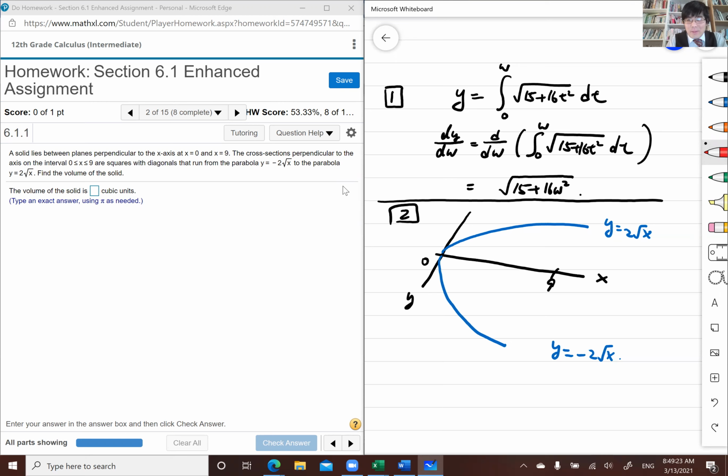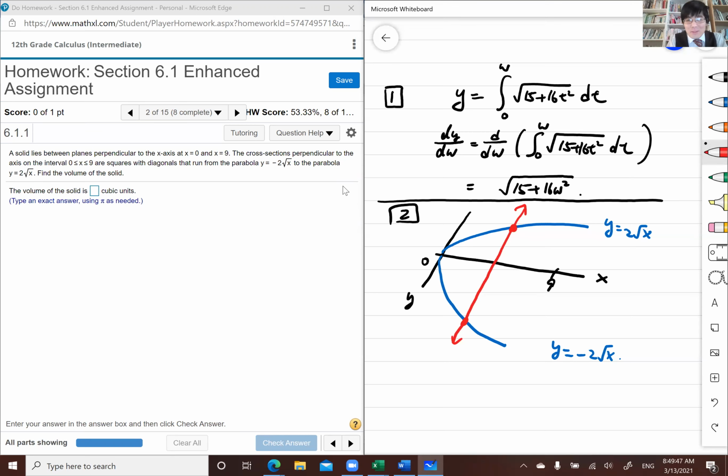So this is a perpendicular line to the x-axis, and from this point to this point is going to be the diagonal of the square. So this is diagonal, 対角線. So in this case, the graph looks like this.